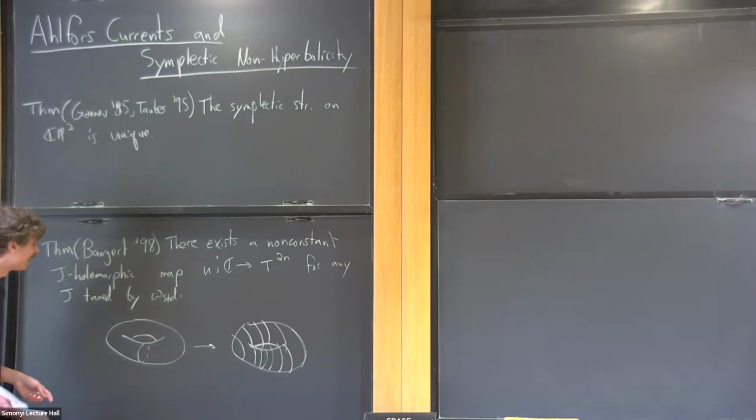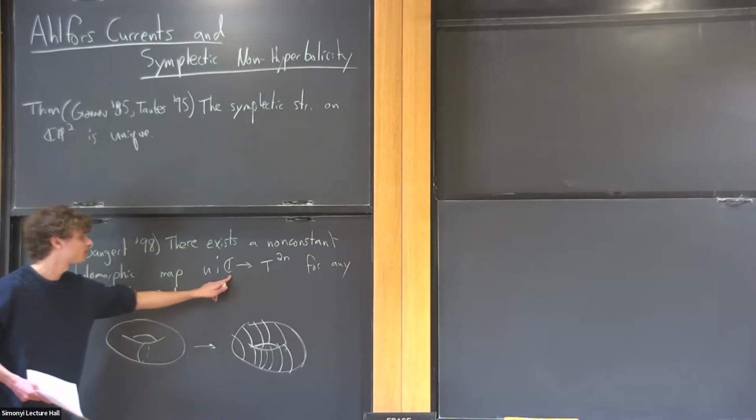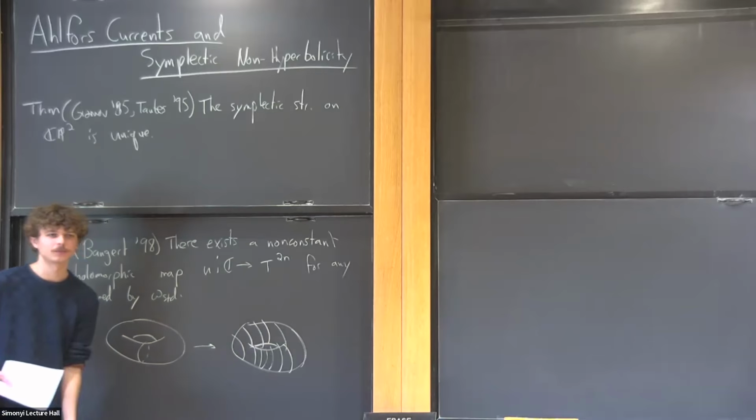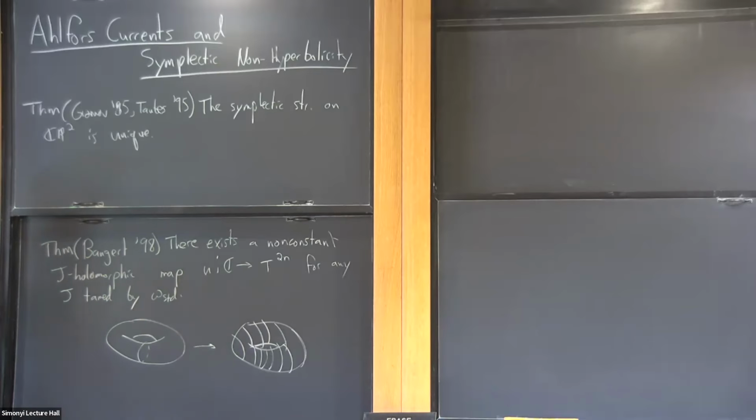This kind of behavior, maps from C into a complex manifold, is well studied in complex geometry, and they call it non-hyperbolicity. Hyperbolicity and non-hyperbolicity is a big area of study, which is why my talk is on symplectic non-hyperbolicity. The goal is to understand things of this type.